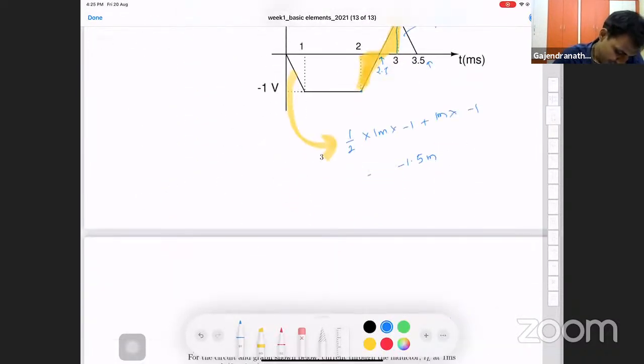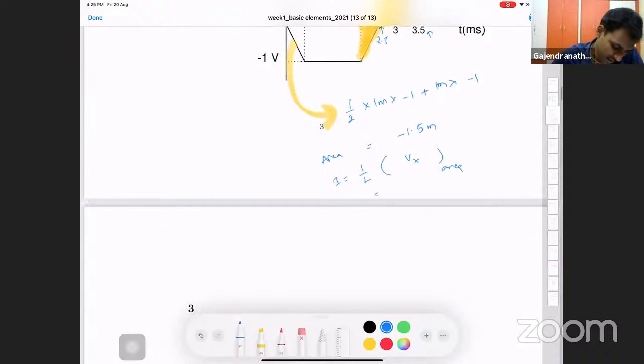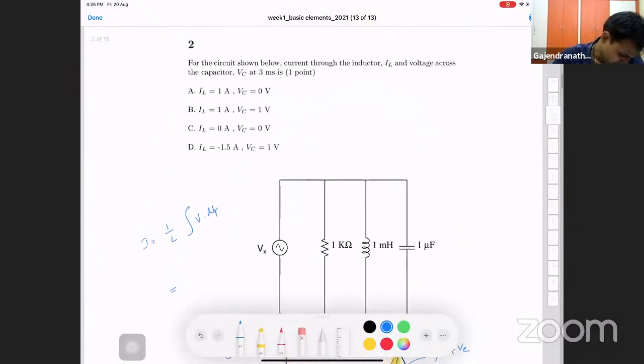The current is 1 by L times the area under the voltage curve. So I get minus 1.5 amps, because the inductor value is 1 milli. Okay, so the answer is here.